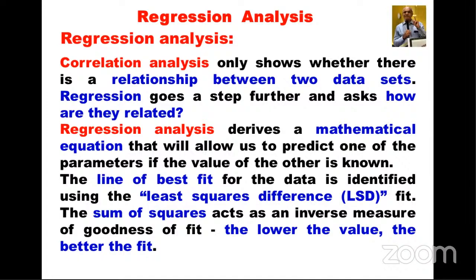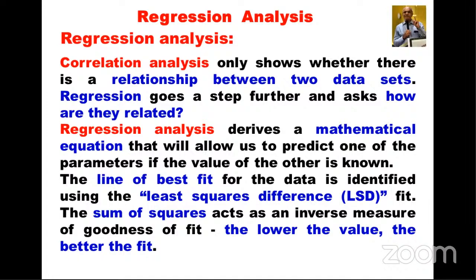And we get a line of best fit in the regression analysis, which is based on the LSD principle, least square difference, like the SS, the sum of squares, that we see. Here it is the least square difference, the minimum difference between x and y.